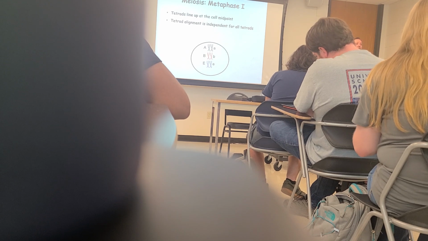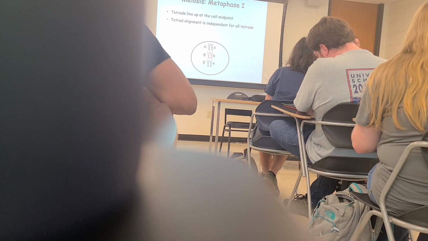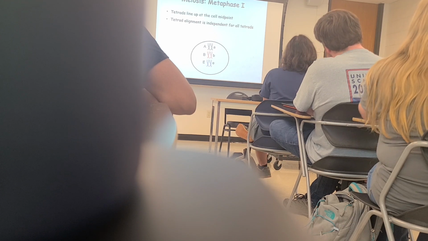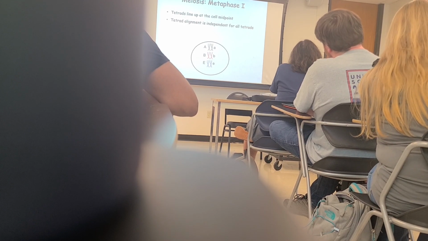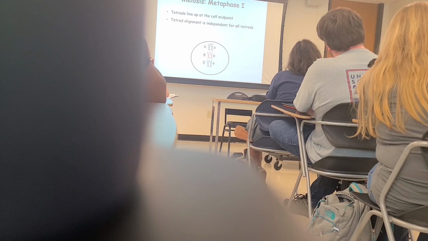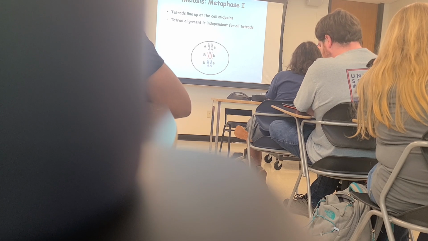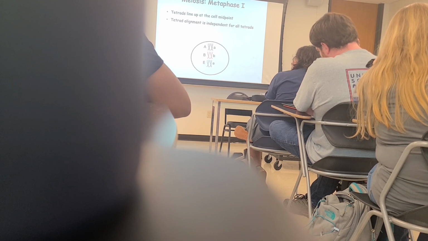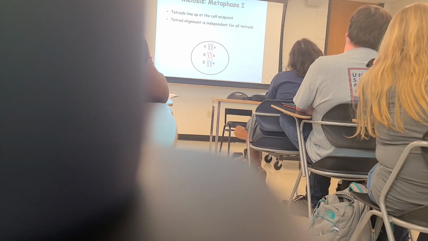I hate that other phrase because it's the same wording that Gregor Mendel used. Gregor Mendel used the phrase independent assortment. Because crossing over is tied into independent assortment, we can't use independent assortment as the name for independent alignment, because independent alignment is part of the process of independent assortment.